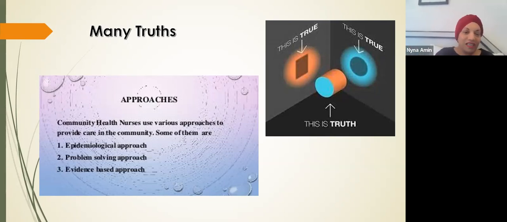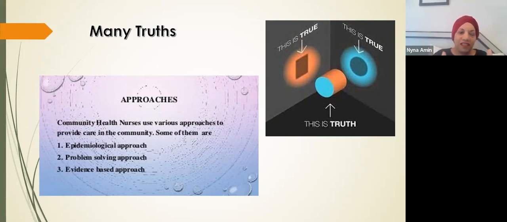And so you can see how it differs to the approaches in the health sciences, where community health nurses use various approaches, right? So it's the, I can't pronounce that, epidemiological approach, problem solving, and evidence-based.